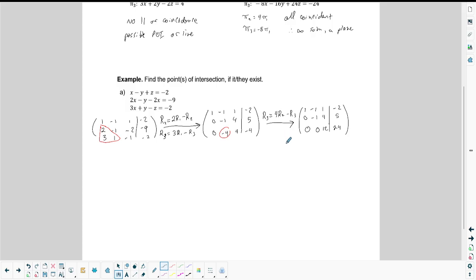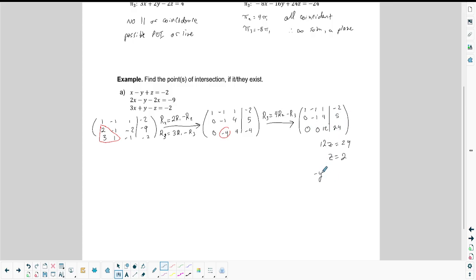So from here, what we need to do is solve this leftover guy. What this tells you is that 12z equals 24. Well, it's nice and easy. z must equal 2. And then you keep chucking backwards now. So you found that z is 2. Let's go back into the equation up here.